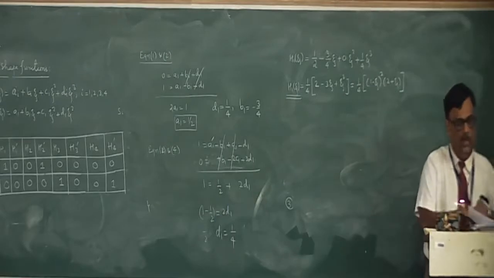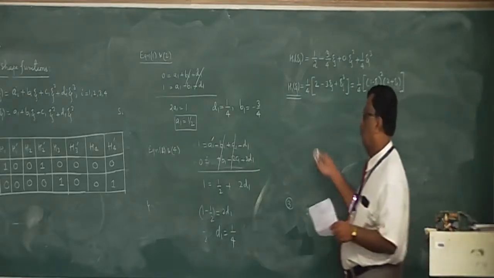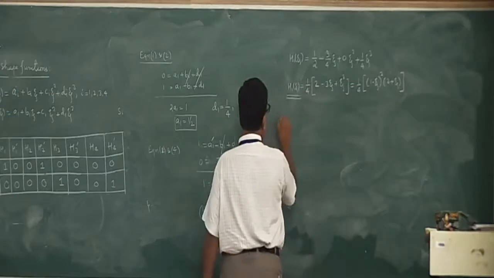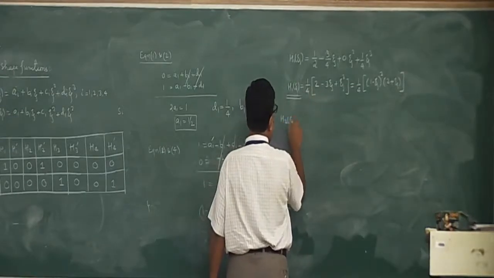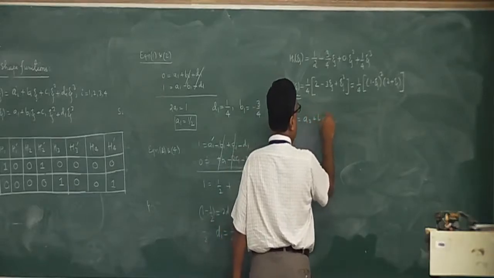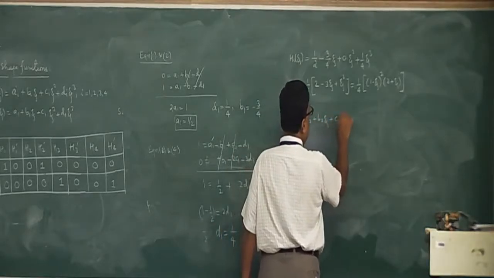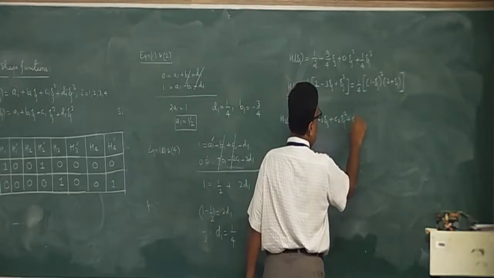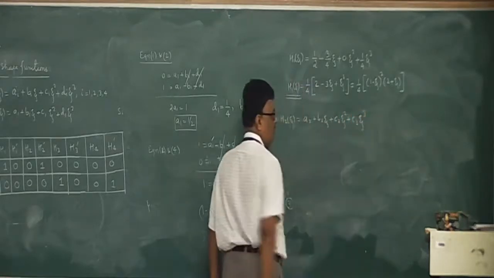In the similar way, we can go for the others. I don't want to go for all of them, but just to show you, for example, h2 of zeta, if I want to write, it is a2 plus b2 zeta plus c2 zeta square plus d2 zeta cube. This is what you will get.